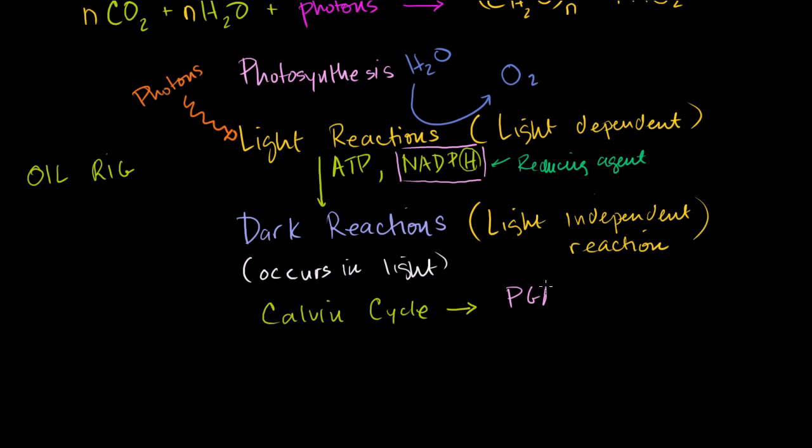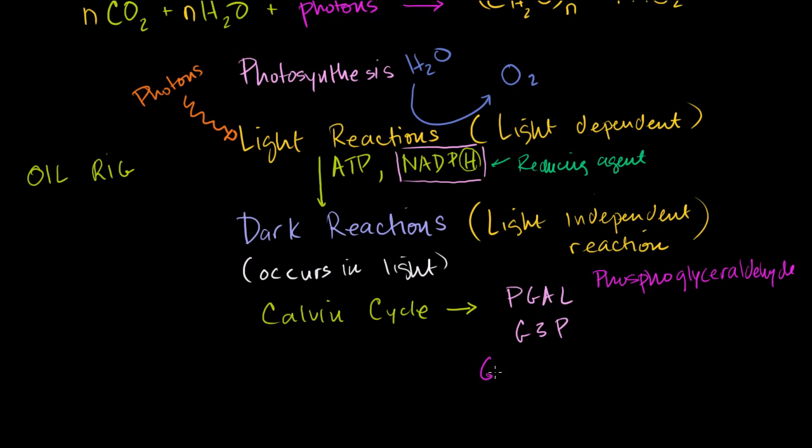You could call it P-gal. You could call it G3P. These all stand for, let me write these down, phosphoglyceraldehyde. Let me write that down. Phosphoglyceraldehyde. My handwriting broke down. Or you could call it glyceraldehyde 3-phosphate.